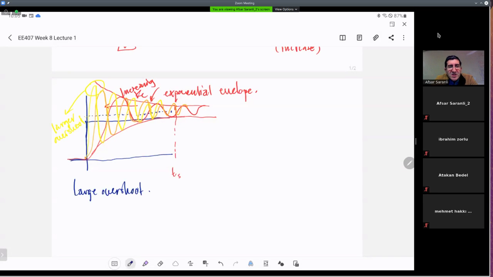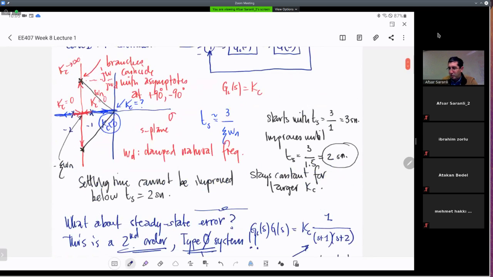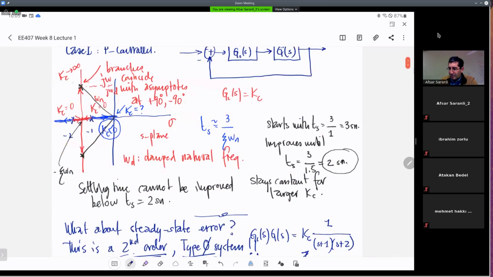Now the envelope is determined by, remember, the exponential component of the response, and the exponential component is determined by the real part of the poles. Okay, so because after the breakaway point, the real part psi omega n is constant, therefore you have, remember, e to the power minus psi omega n t.